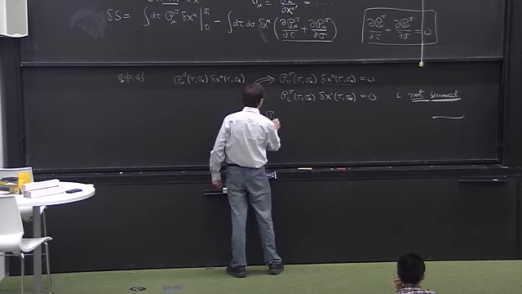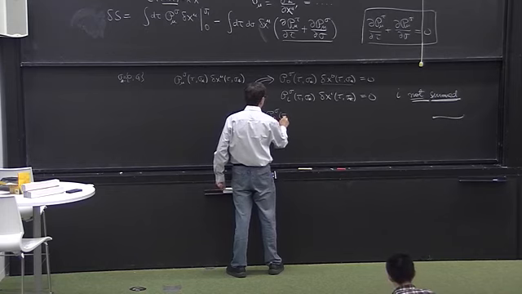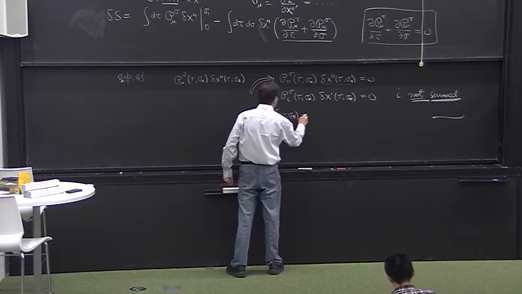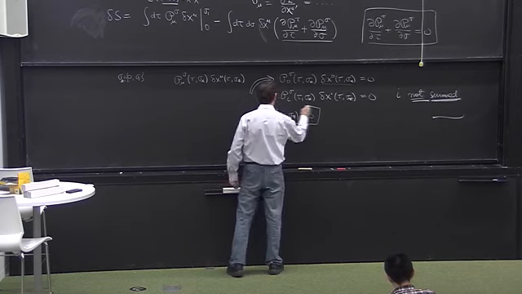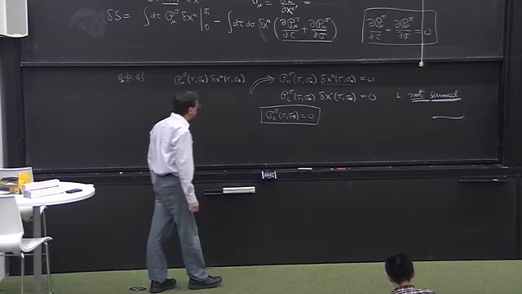So we must always have P0 sigma of tau sigma star equals 0. That must be imposed, and that's the only thing you can do.